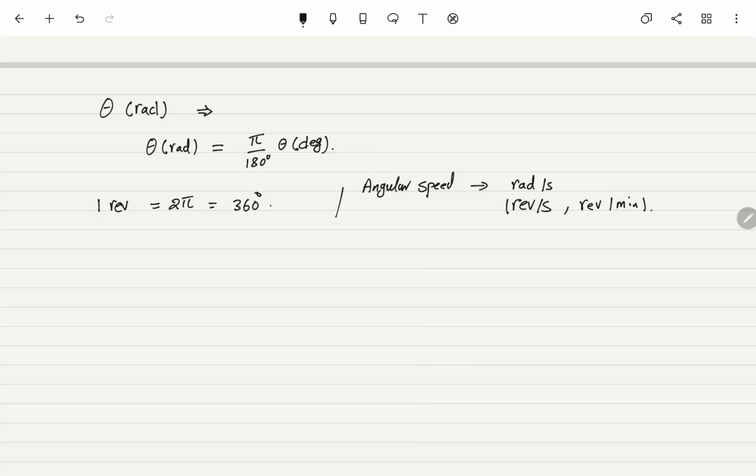And remember, one revolution equals 2 pi, which equals 360 degrees. Now, angular acceleration alpha is measured in rad per second squared, or revolution per second squared or revolution per minute squared.